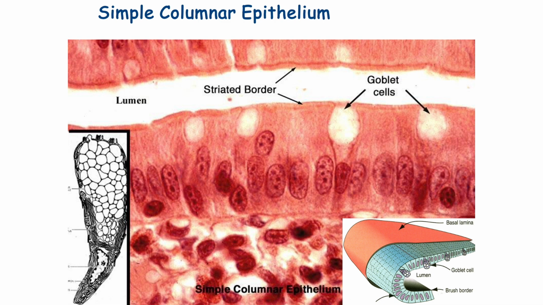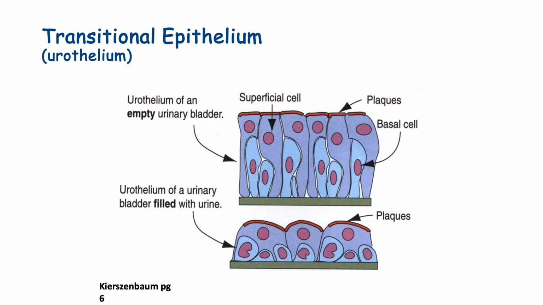The insert tells you that that is a confirmation of simple columnar epithelium. We can also see some white areas known as goblet cells interspersed within it, and even some brush borders at the apical surface. Remember we said that the apical surface can undergo surface specialization.